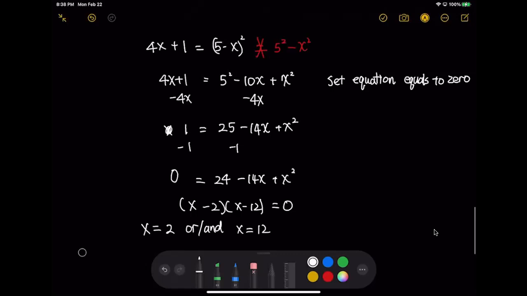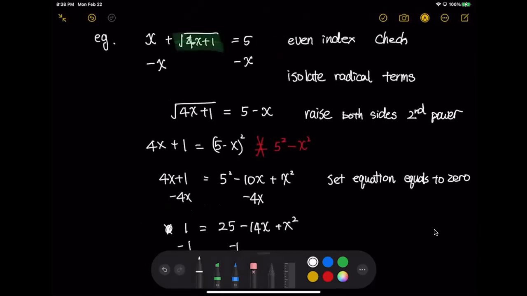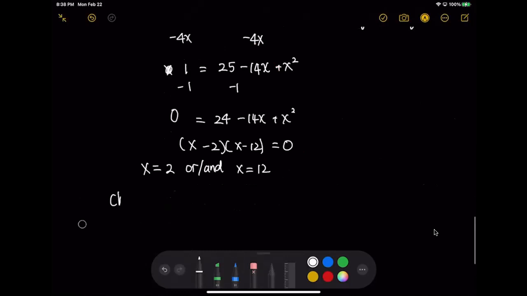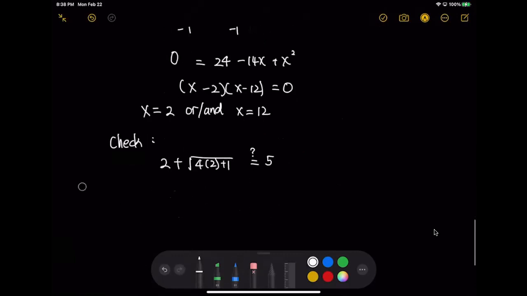Okay, even index, right? This is an even index problem, as we said at the beginning. So that means we need to check. So let's check when x equals 2. I have the original equation, 2 plus square root of 4 times 2 plus 1. Is this equal to 5? 4 times 2 is 8, 8 plus 1 is square root of 9.